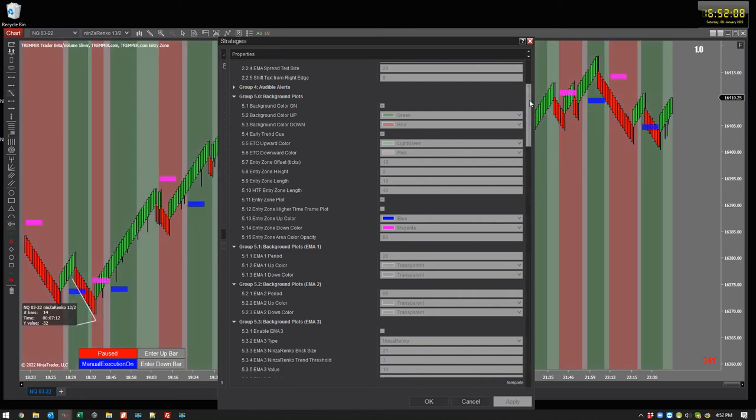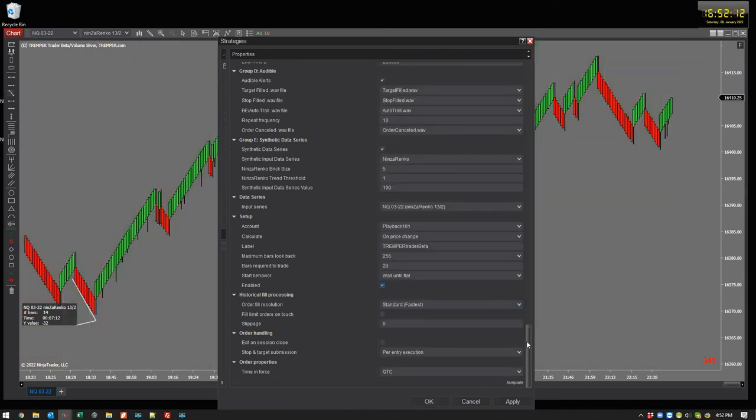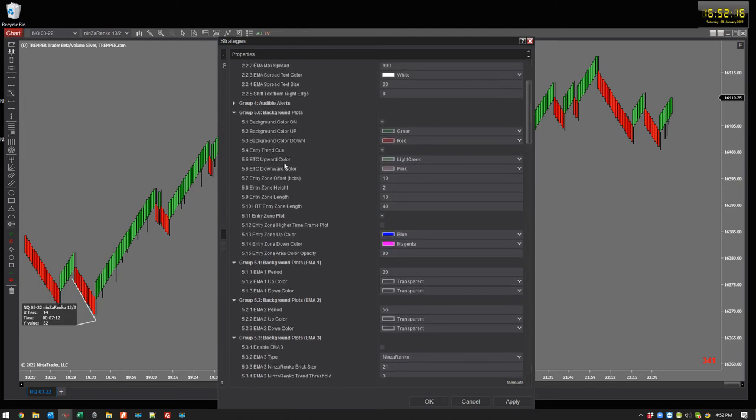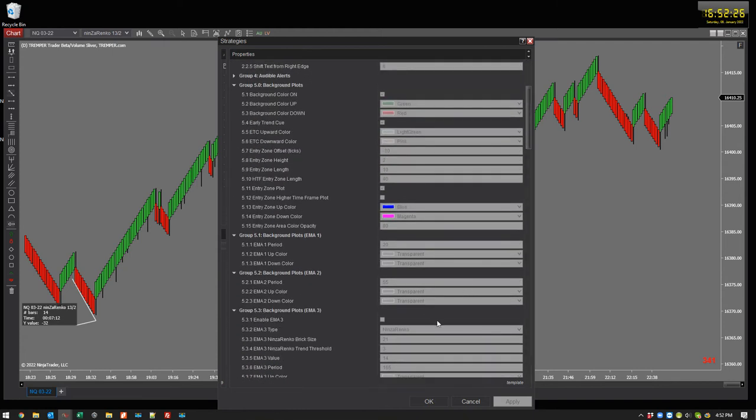Okay, wrong way. That needs to be a negative 10. So I'll turn it on now. I was just surprised I haven't noticed that before.